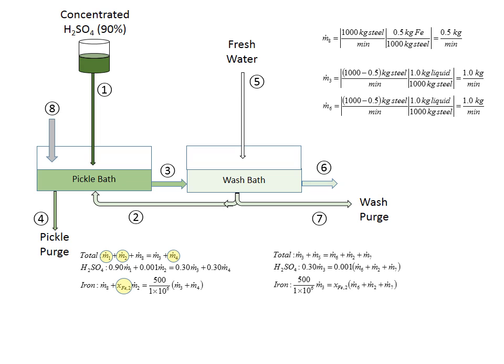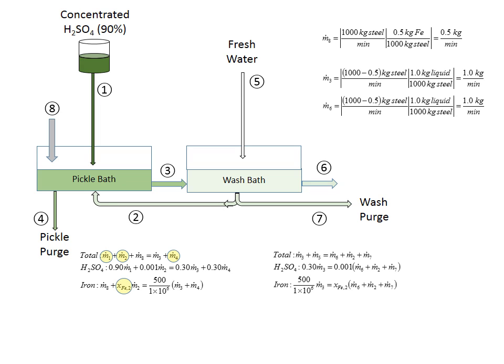Stream 3 contains all the sulfuric acid entering the wash bath process, and it is at a mass fraction of 0.3. And then leaving our wash bath, we have a concentration of 0.1% or 0.001 mass fraction, and we'll multiply that by the 3 streams leaving, M6, M2, and M7.